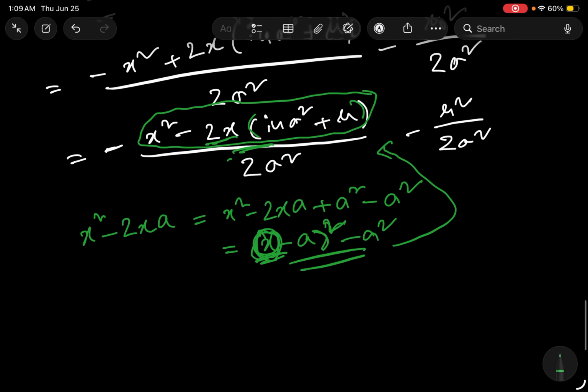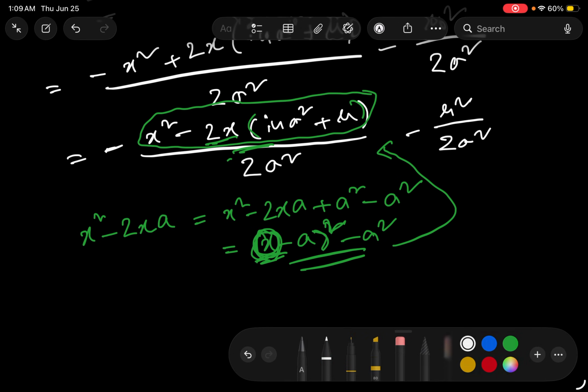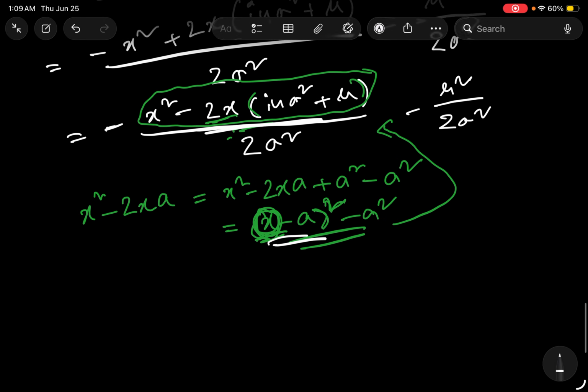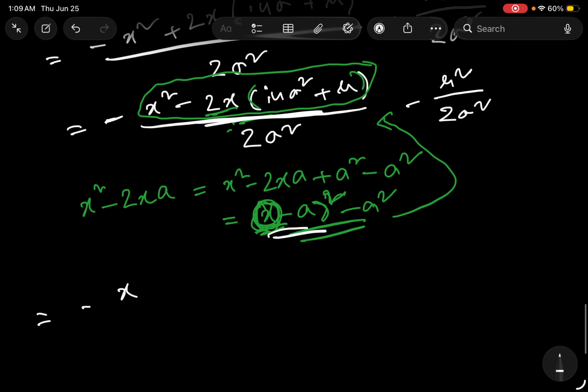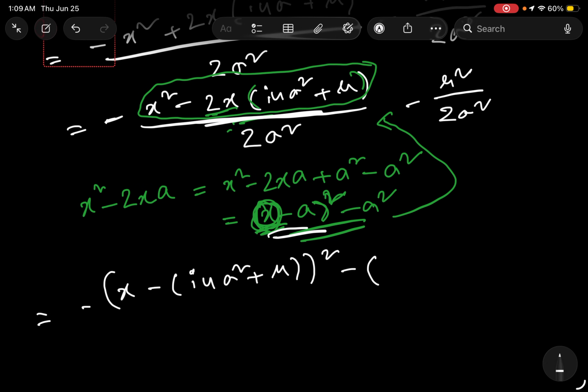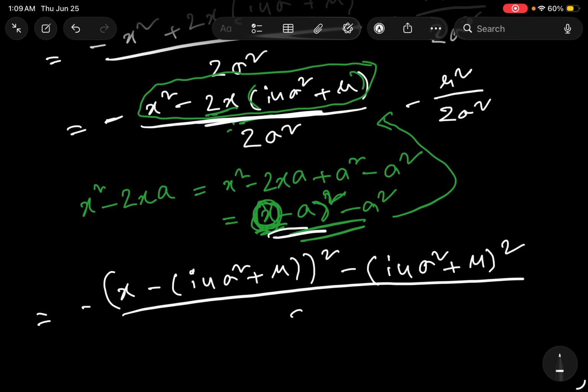Now let's try to use this to structure this entire thing this way. So this becomes (x minus the a, which would be i u sigma square plus mu) square minus this a square divided by 2 sigma square, minus mu square by 2 sigma square.